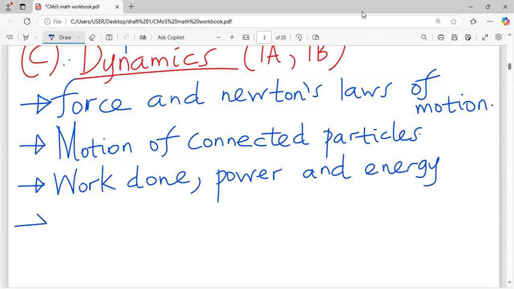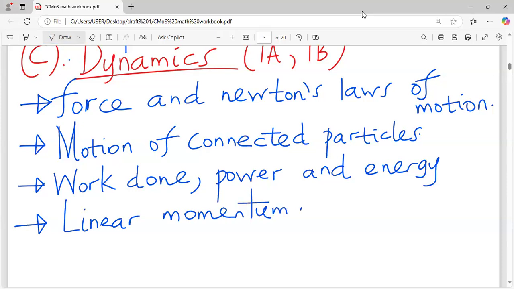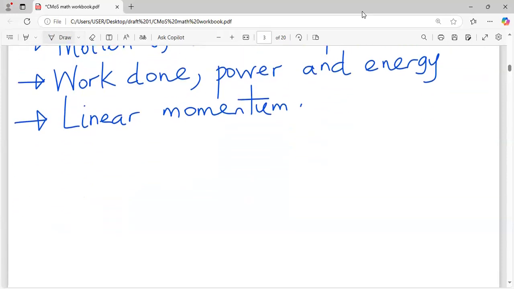Then talked of linear momentum. Talked of motion.